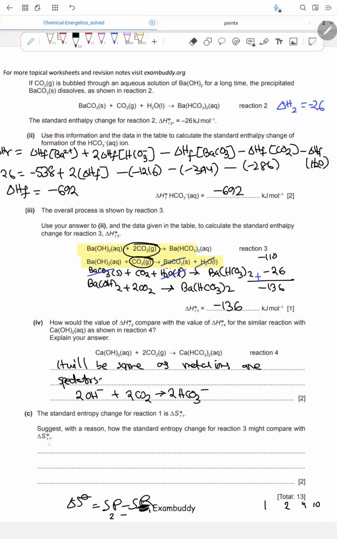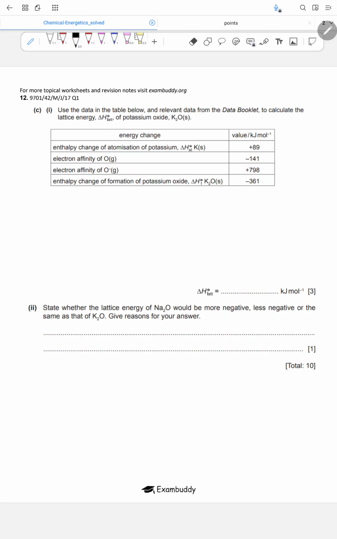So let's write: entropy change of R3 more negative. Why? Because more CO₂ is being removed.